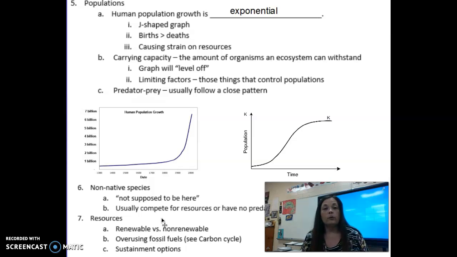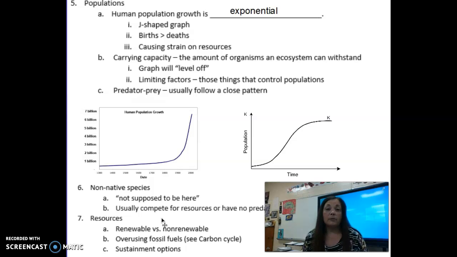Yes, they are technically renewable, but they're considered non-renewable because it takes millions of years for fossil fuels to form. Okay, sun is an example of a renewable one. Water is kind of on the fence. A lot of people call it non-renewable because we have all the water that we're ever going to have. However, we can recycle water also. Okay, but overusing them is the main problem, and we're trying to work on ways to sustain them, right?